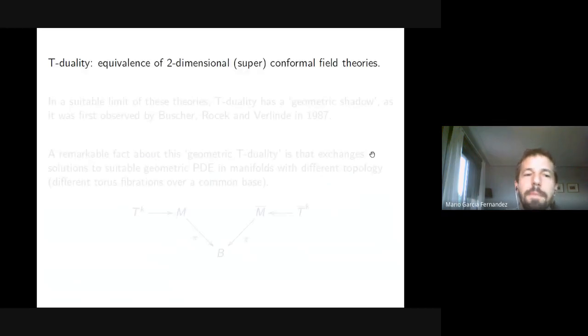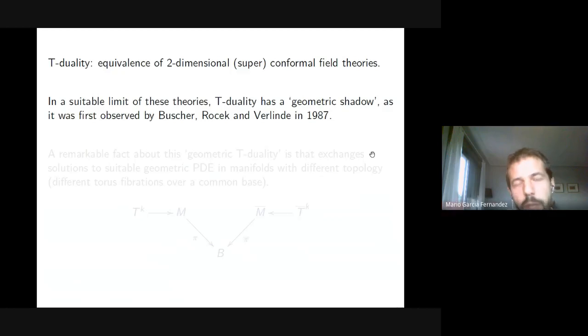So T-duality is an equivalence between two-dimensional superconformal field theories. But whatever this means, in a limit, T-duality has some geometric shadow, and this was discovered by Buscher, Roček, and Verlinde in 1987.